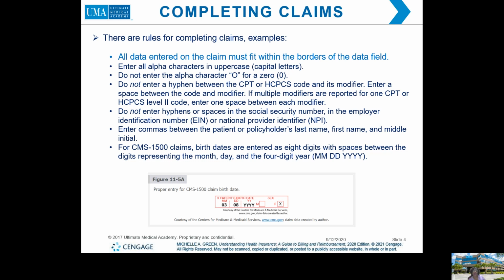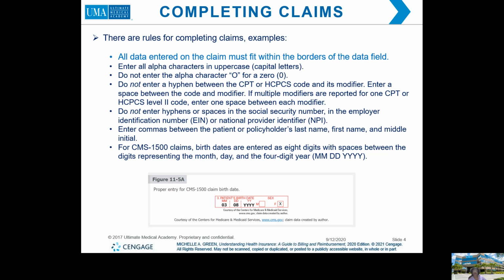And in our book, chapter 11, it gives us a lot of the information as far as how to complete these blocks. So for example, all alpha characters have to be in uppercase. So if you're going to put in a patient's name, it has to be all uppercase letters.